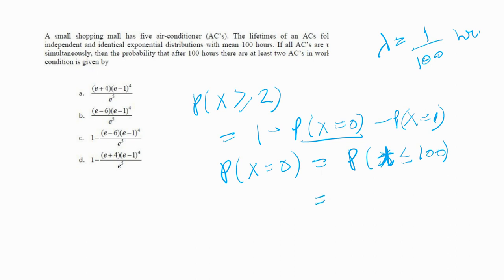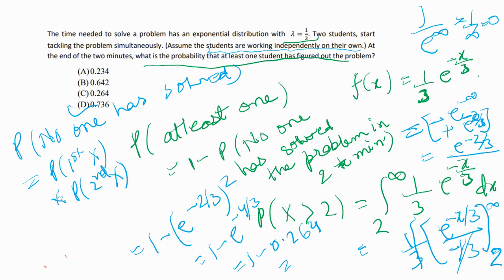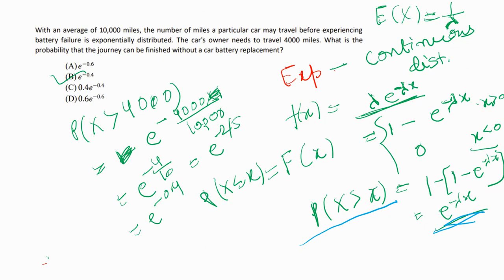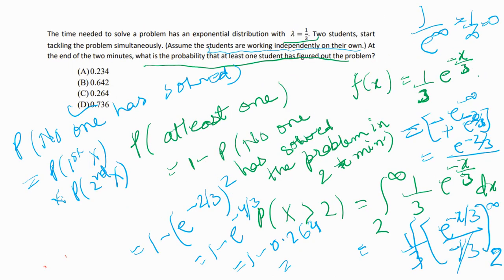It will be for all five. So for 100 hours it will work. It will be F(100). Now probability t or x less than 100, what is it? It is 1 minus e to the power minus lambda x.